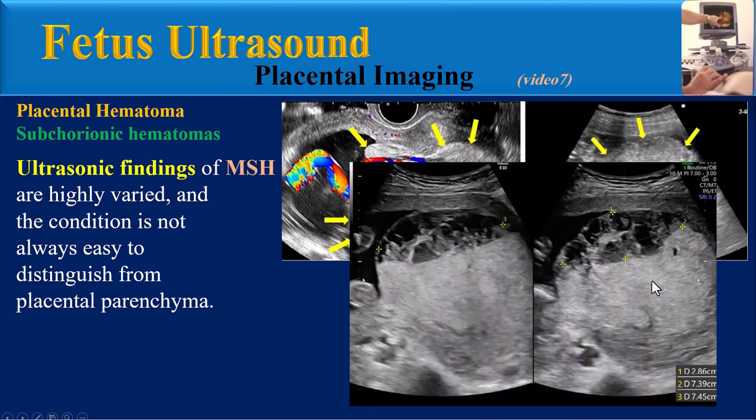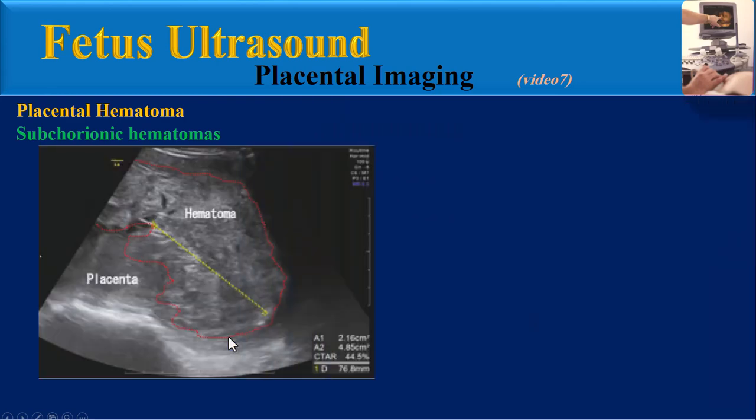This ultrasound image shows an intraplacental fluid level at 24 weeks gestation, and color Doppler sonography showed no blood flow in the reticulate sonolucent areas. This is another case of massive subchorionic hematoma: a 17-year-old woman at 22 weeks of gestation following the observation of FGR, oligohydramnios, and placental enlargement.